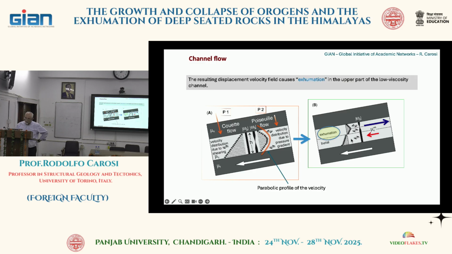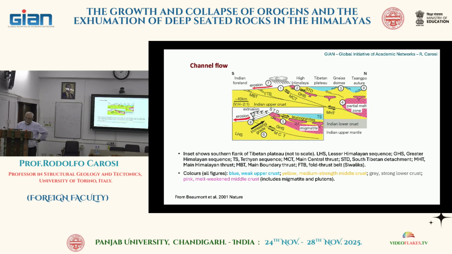Okay, and in this way, as I already said, you need in India a very strong lower crust, and an upper crust in Tibet, very strong, the blue one. This model is able to explain several things.